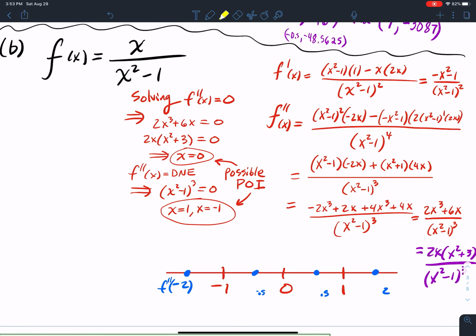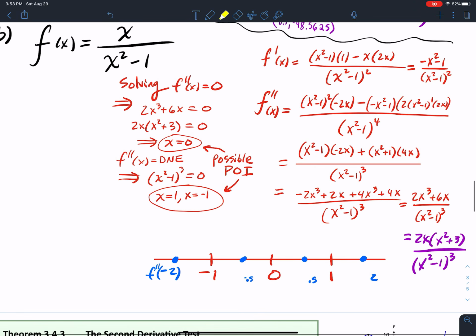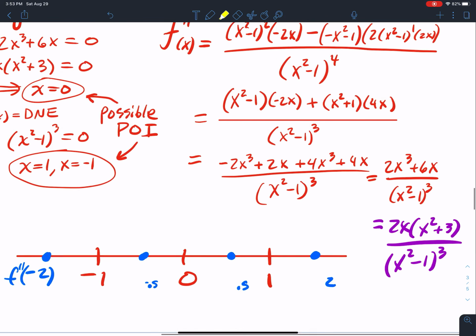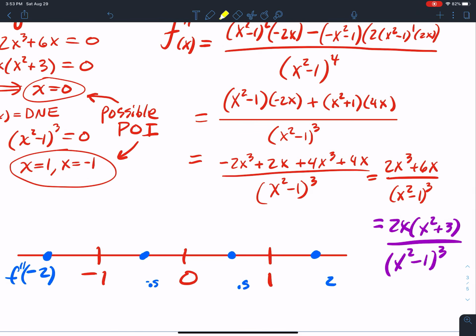If I plug into the second derivative here, so let me zoom in a little bit. If I plug a negative 2 in here, what is that going to be? That's going to be a negative number first. What happens if I plug in a negative and I square it and I add 3? That's going to be a positive.